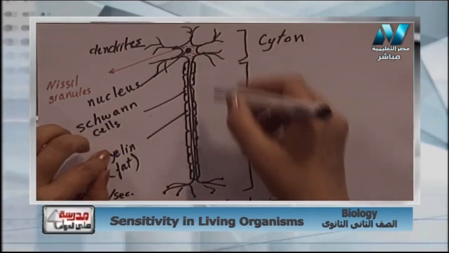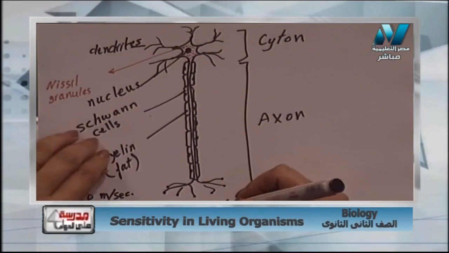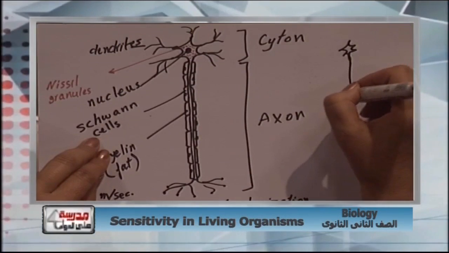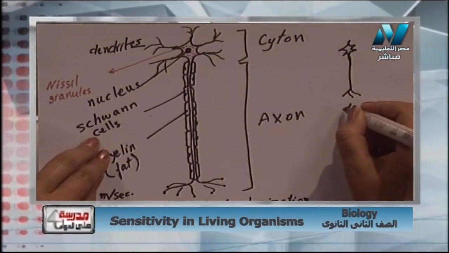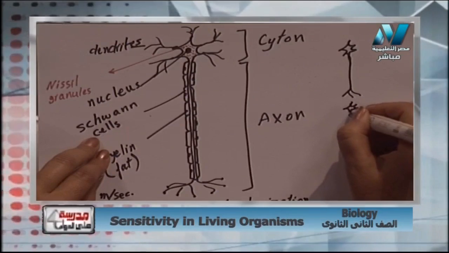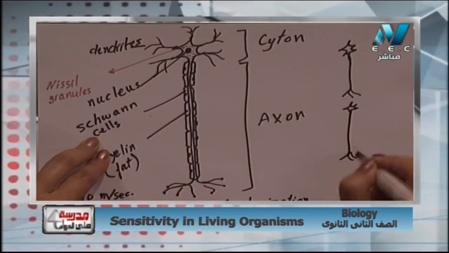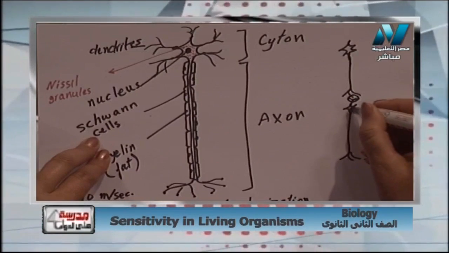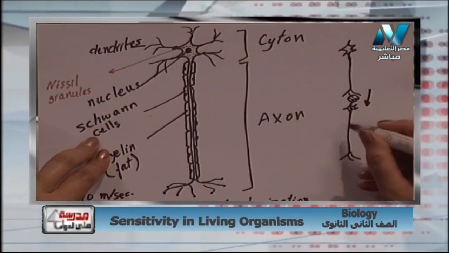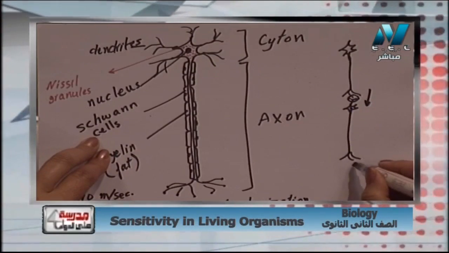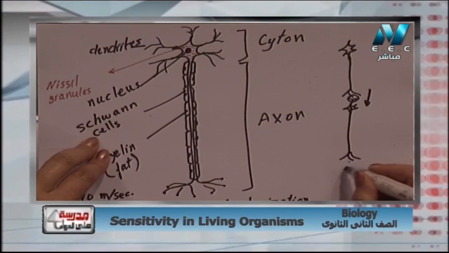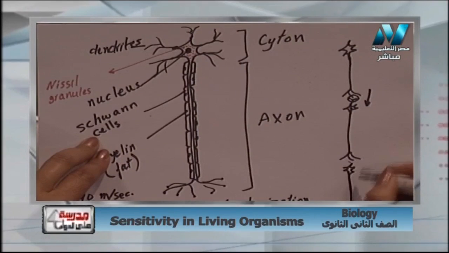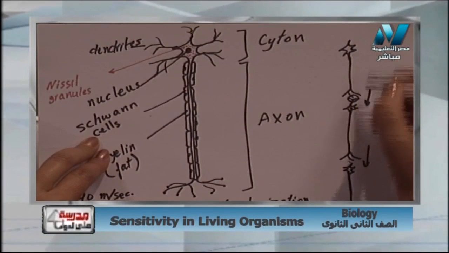The transmission of impulse across the nerve cell occurs from one cell to another, from the cyton of the cell to its axon, and from the axon to the cyton of the next neuron, and then to its axon, and then to its terminal arborization, and goes to the next cyton like this in one direction.